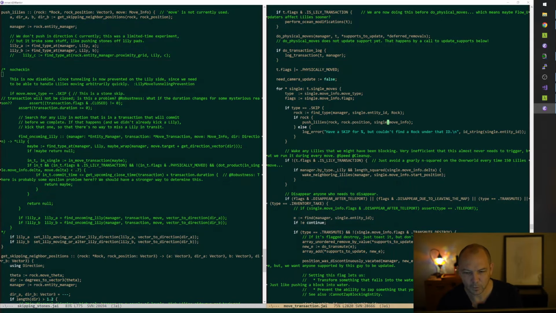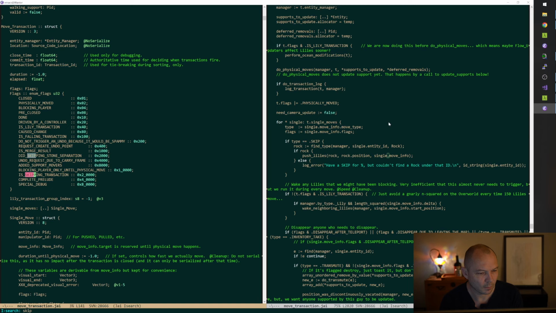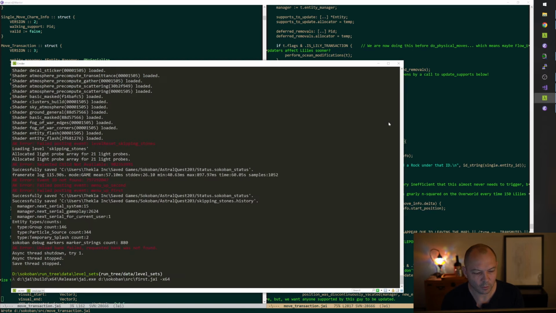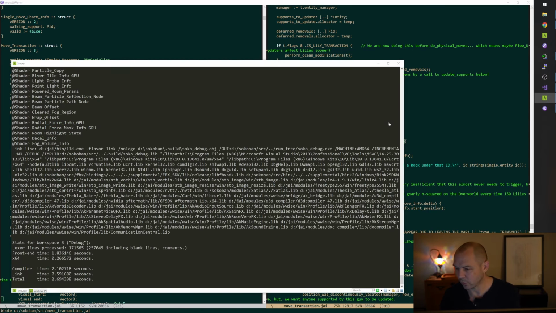However, there's a flag for it. Start skipping. Now, is that on move info? I don't think it is. It's single dot flags. There's flags and there's move info flags. So that should actually do it.